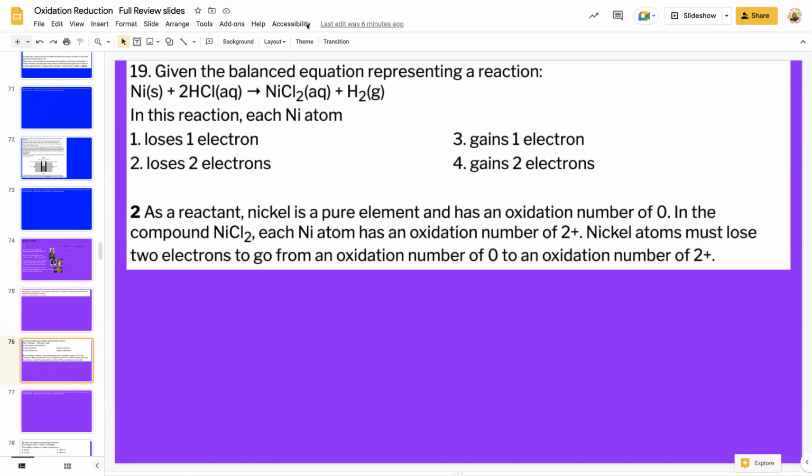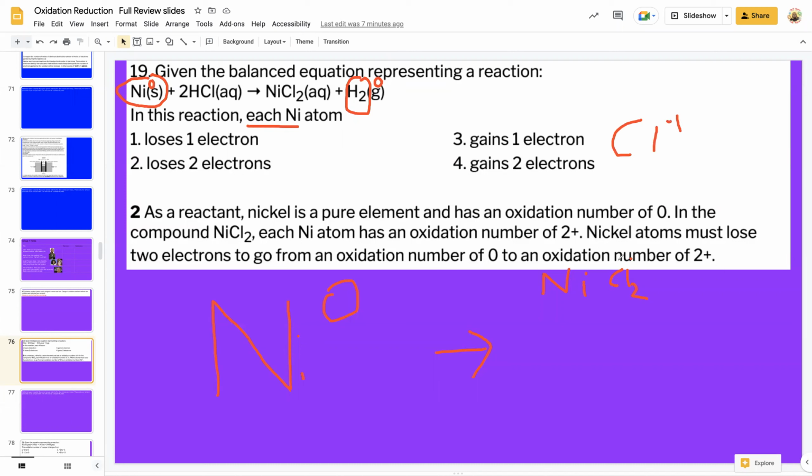Right, so let's first identify what's by itself. Nickel will have a 0 charge by itself. H2 is one element by itself, so that has 0 charge. Okay. What's happening to nickel? Well, if it's becoming nickel atom to nickel ion, I have to figure out what's the charge of nickel in NiCl2. Well, if I look on the reference table, I know chlorine is -1, right?